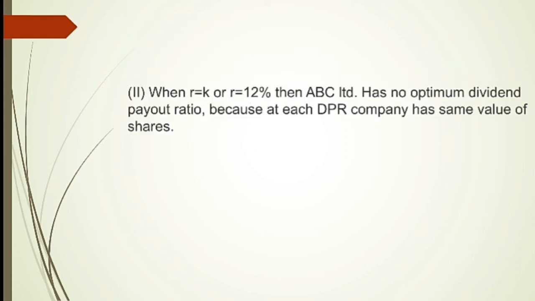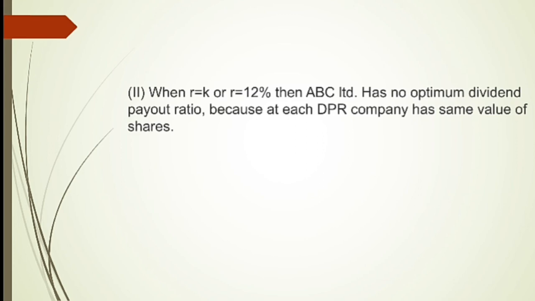Now come to the second main conclusion, based on the normal firm condition, R equals K. When R equals K, ABC Limited has no optimum dividend payout ratio because at each dividend payout ratio the company has the same value of share.